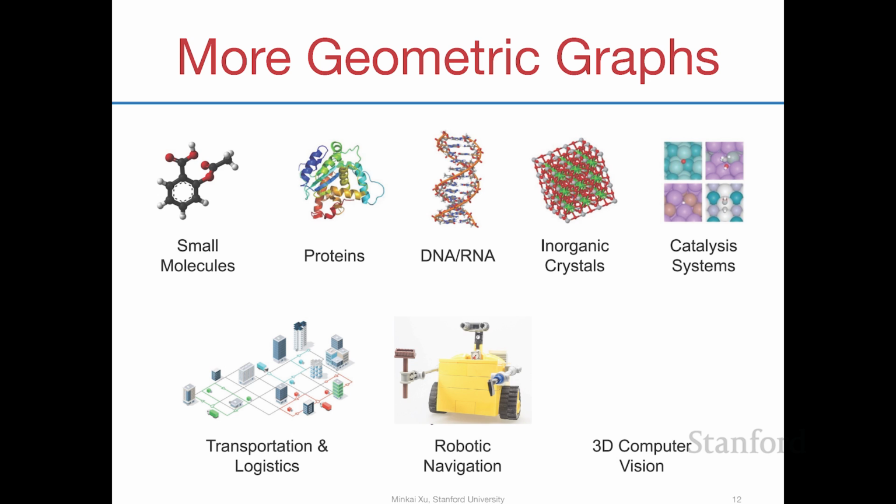In addition to small molecules, there are also somewhat larger molecules like proteins and DNA, and these are organic structures. For inorganic structures, there is also exciting research on crystals and catalysts. And those are in the micro world. But in our physical macro world, there are also applications like transportation, city layout, vehicles and robotics. So this is really an exciting area.